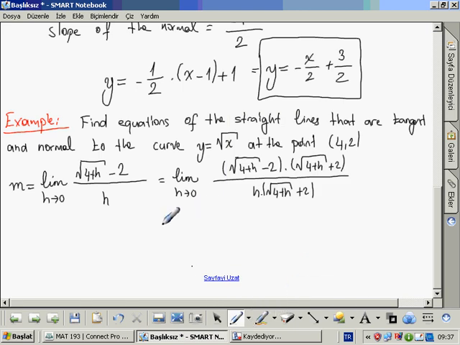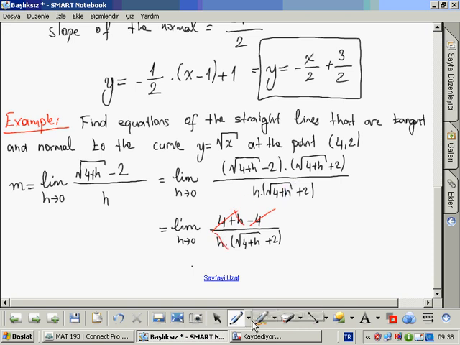After that, the limit as h goes to 0 of 4 plus h minus 4 over h times square root of 4 plus h plus 2, and you can simplify this part.